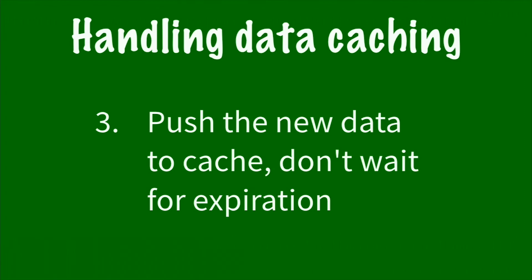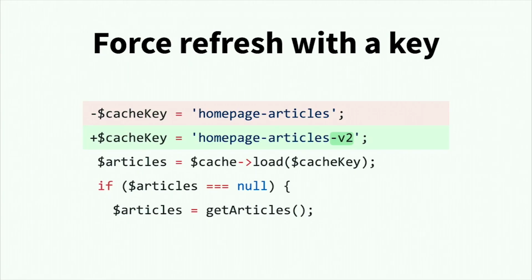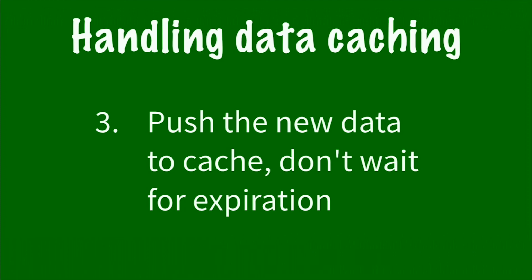And some of you might have realized that there's also the concurrent data fetching problem. It's basically the same problem as this. If you need to prevent this, you don't have to wait for the cache to expire.